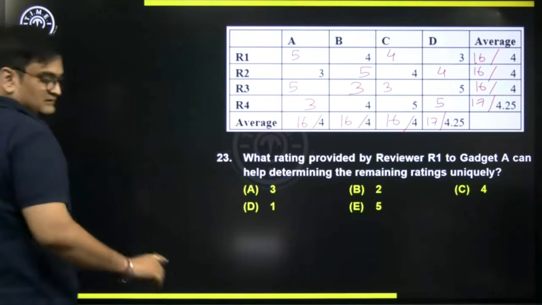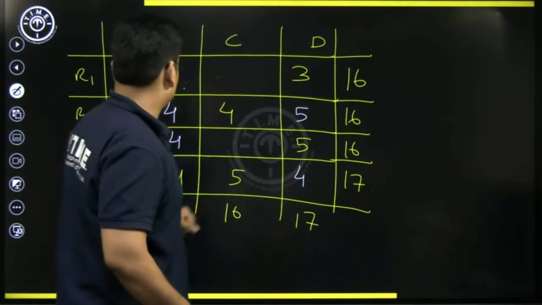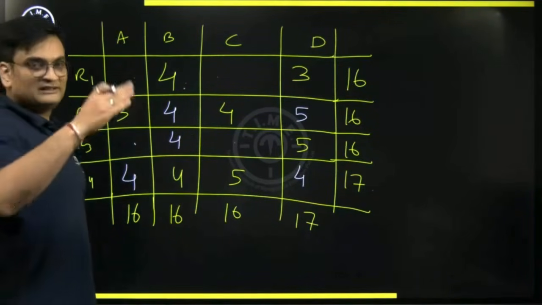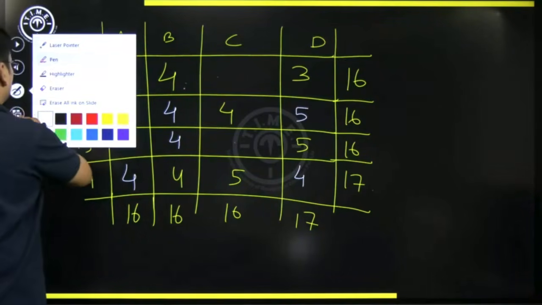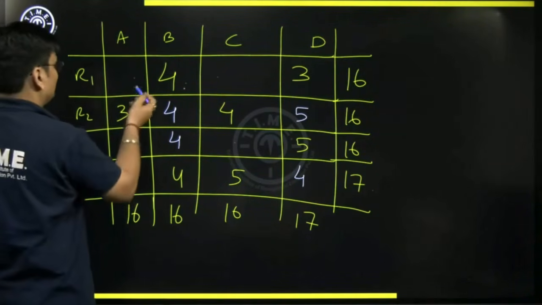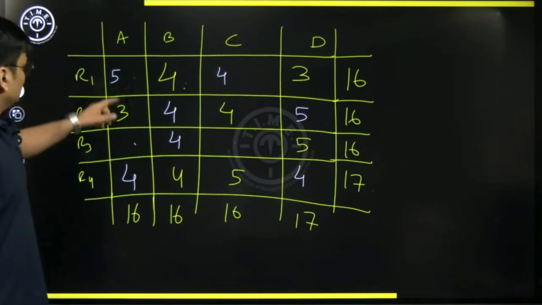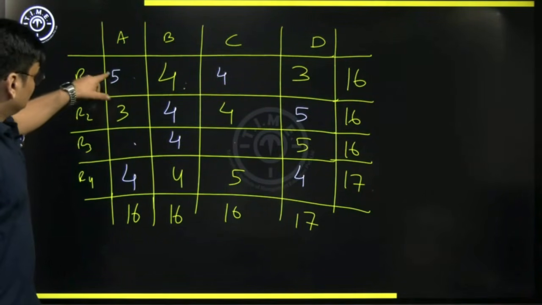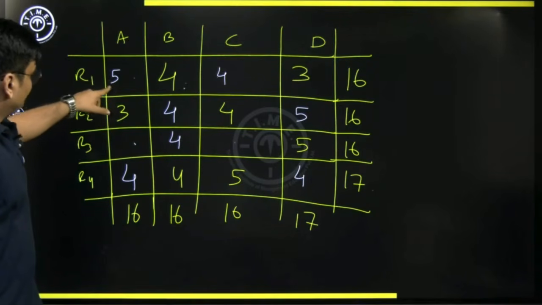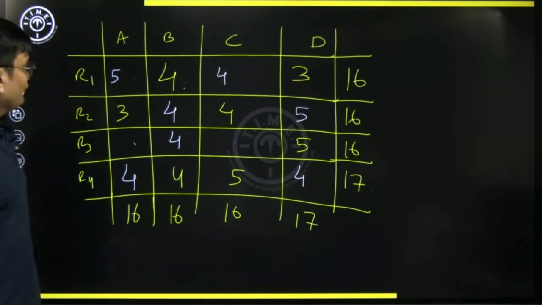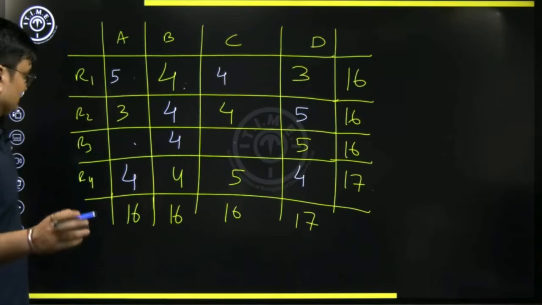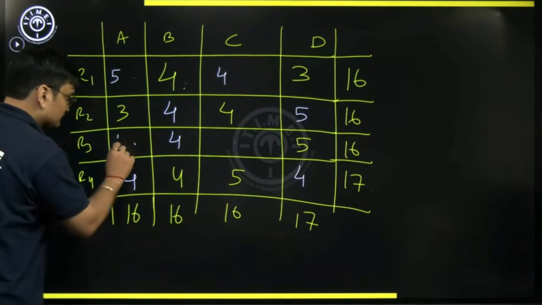Let's check for the other case. Here we said there could be 5 and 4 or 4 and 5. So if I place 5 here, suppose, and 4 here. So if I place 5 here, 5 and 3 is 8, 8 and 4 is 12, so this will be 4.